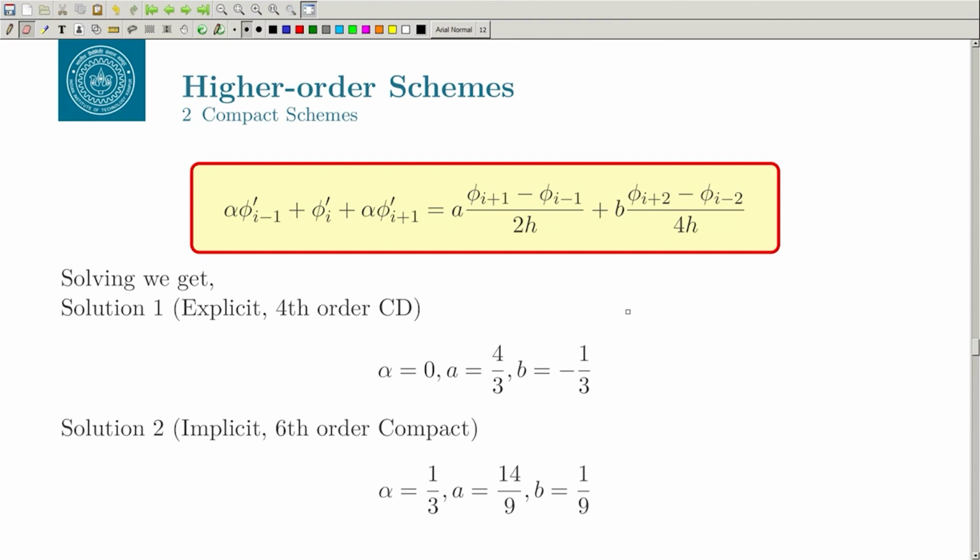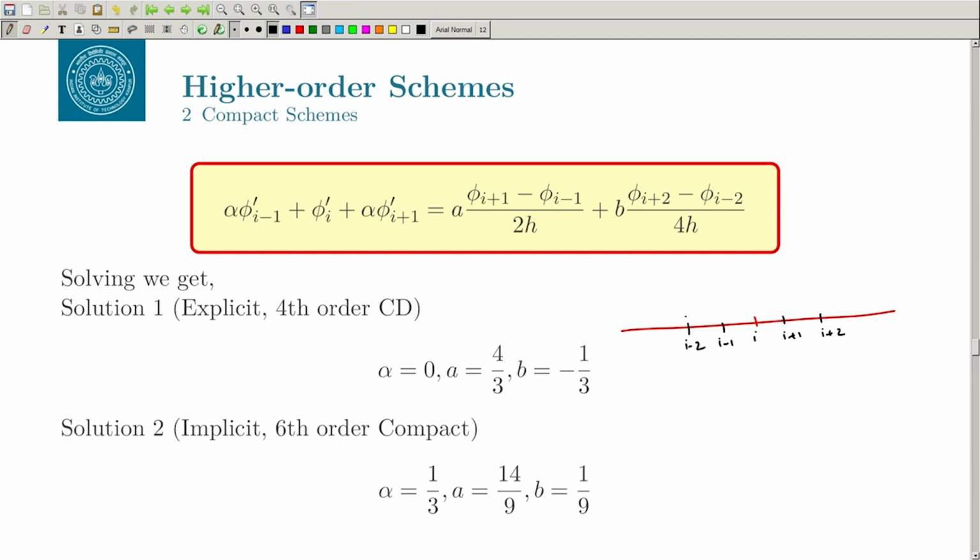In this particular case, you can have a grid. So, this is your grid. This is I plus 1, I minus 1, I plus 2 and I minus 2, right. So, what are we going to do?